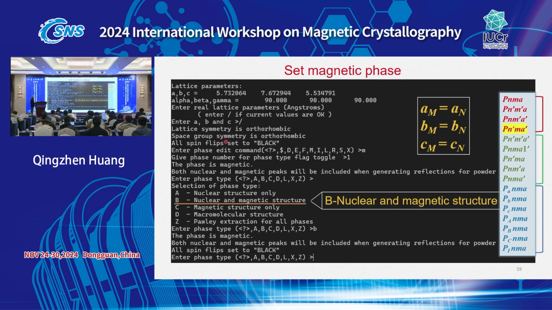In this case, all the magnetic is set to black and red. Black and red means you need prime or non-prime in the magnetic space group symbol. For example, PMMM: if you set all of them to black, then it is PMMM.